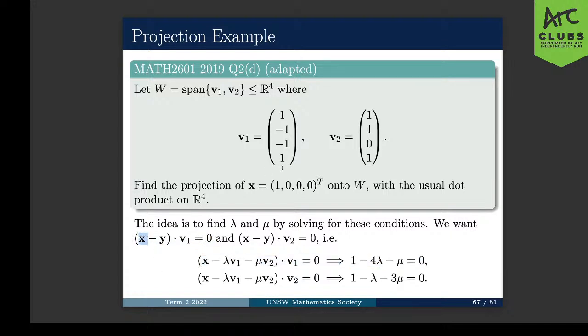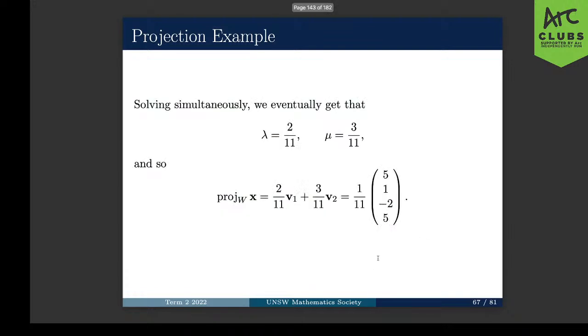Remember, x was just (1, 0, ...), and y was a linear combination of v1 and v2, so it was lambda v1 plus mu v2. We know these vectors v1 and v2, so the only unknowns in these two equations are lambda and mu. Two equations, two variables. That's pretty easy. We just use simultaneous equations.